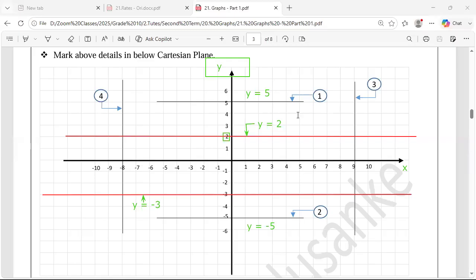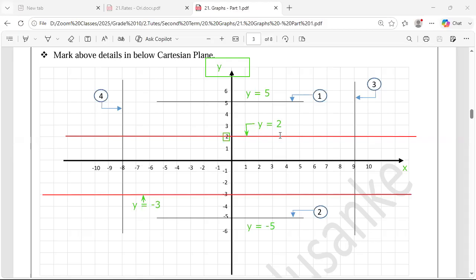So on the right side, equations of parallel lines to y-axis. How to do it? Draw x equals 3 graph line. I'm talking about what we have on page number 1, right hand side border.